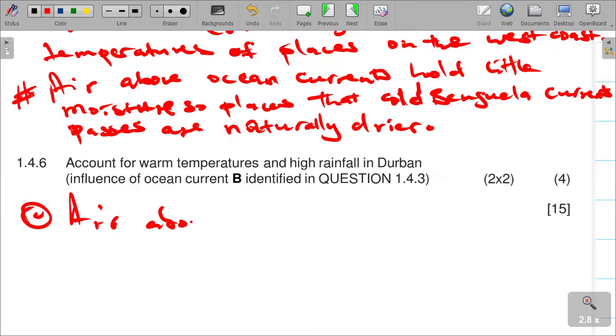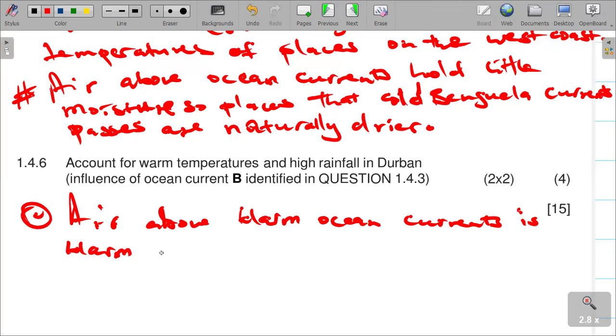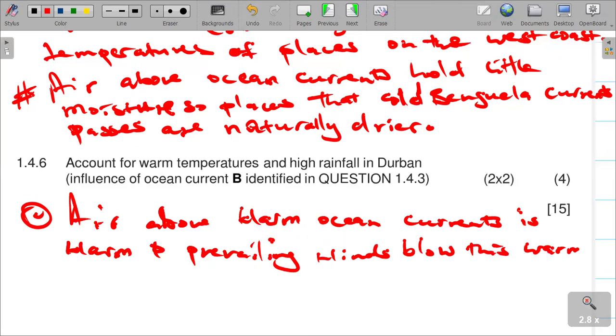Air above warm ocean currents is just warm, and we need to understand that the prevailing winds blow this warm air towards the land.